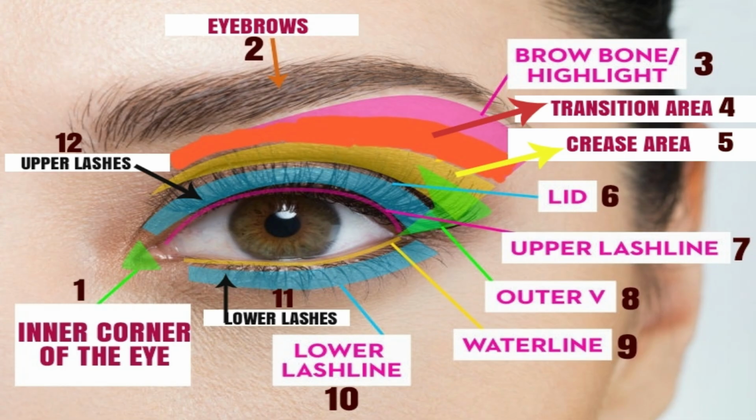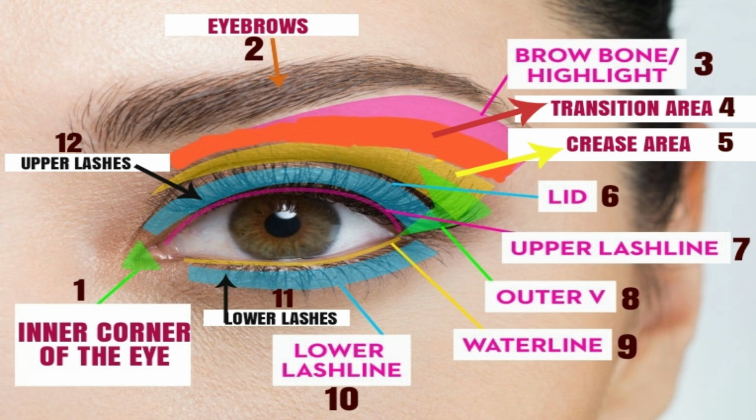You see where it's written eyebrows. So that top part of your eye where you have those brow hairs, that is called your eyebrows. So when I say brow pencil will go on your eyebrows, anything concerning eyebrows, just know that that part of the eye labeled number 2 is what I mean.